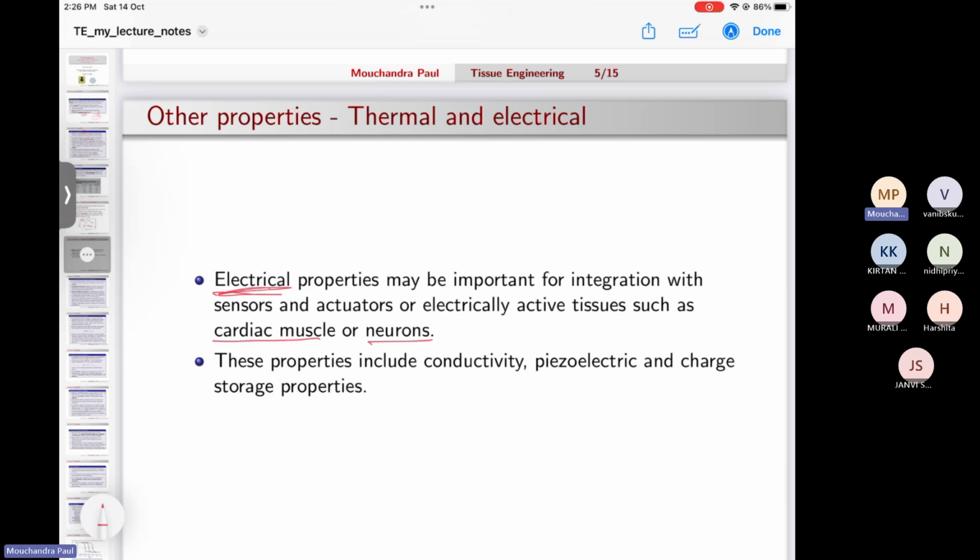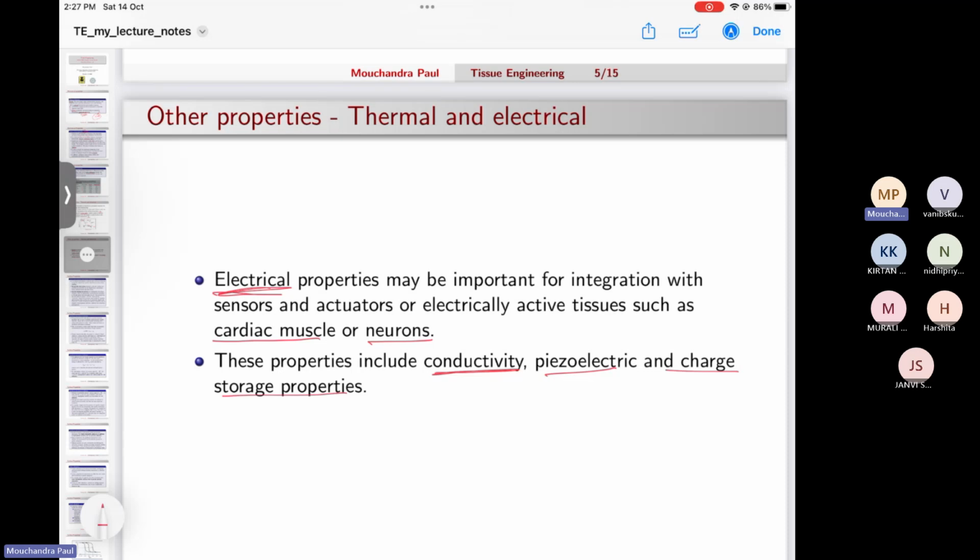So what electrical properties do people measure? They measure conductivity, which is the ability to transport electrons, meaning transport electric current. Then piezoelectric and storage capacities, these things people measure, okay?